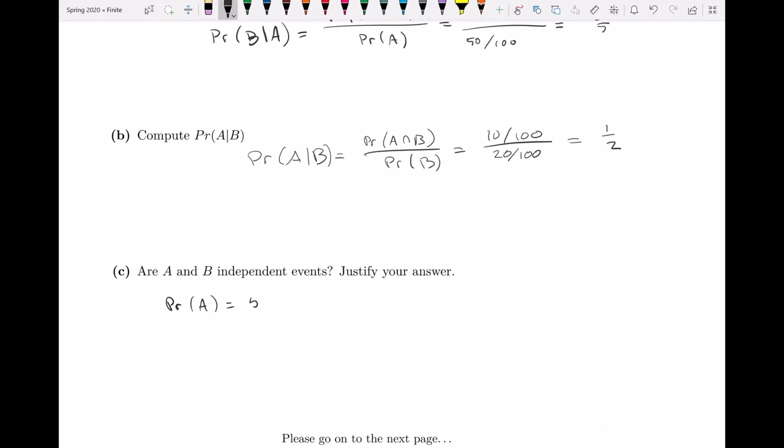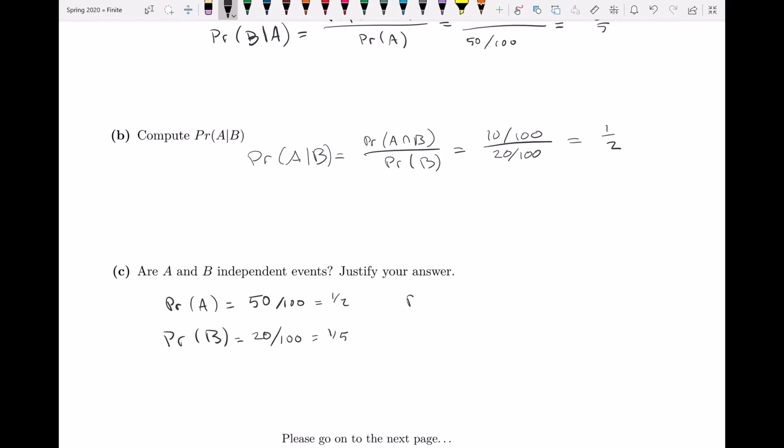Okay, 50 over 100. Now probability of B equals 20 over 100, the size of B. So the probability of A is 1/2, and the probability of B is 1/5. These fractions look familiar.